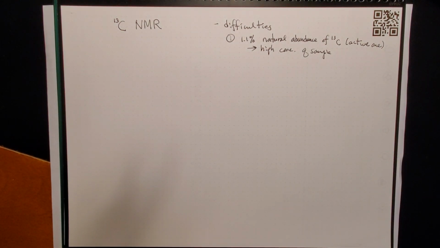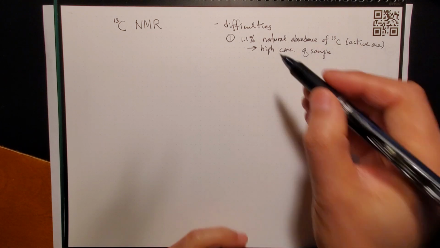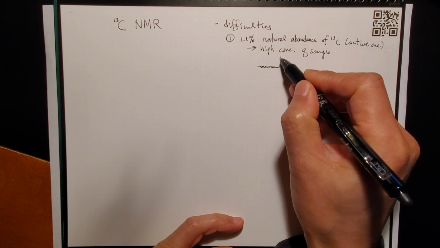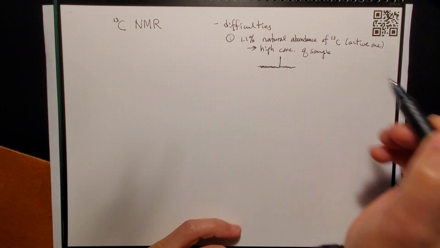If you use the same sample you made for the proton NMR, the signal-to-noise ratio is quite poor, so you will notice a quite noisy baseline for carbon-13.